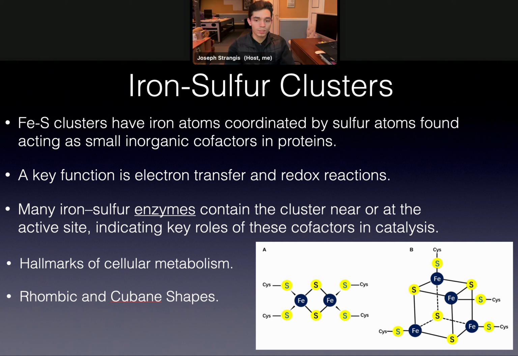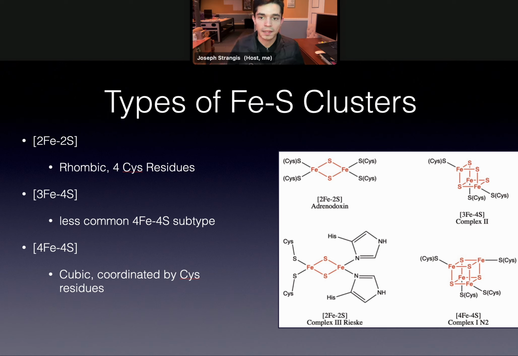Geometrically, they come in all different shapes. At the right, there is a rhombic shape shown in A and a cubic shape shown in B. And there are a few different types. There are 2Fe-2S clusters, which have a rhombic structure with 2 iron atoms.